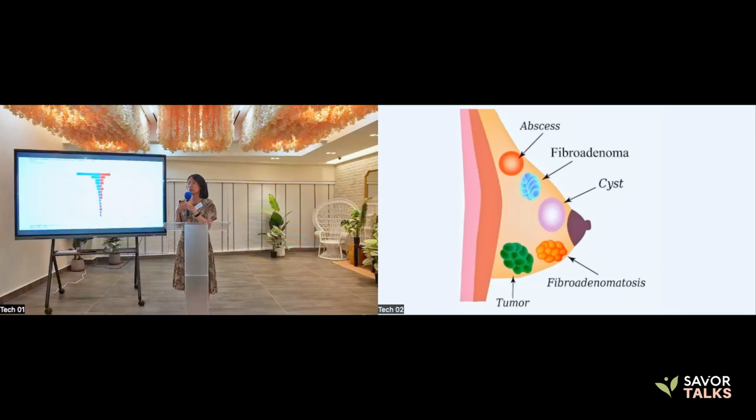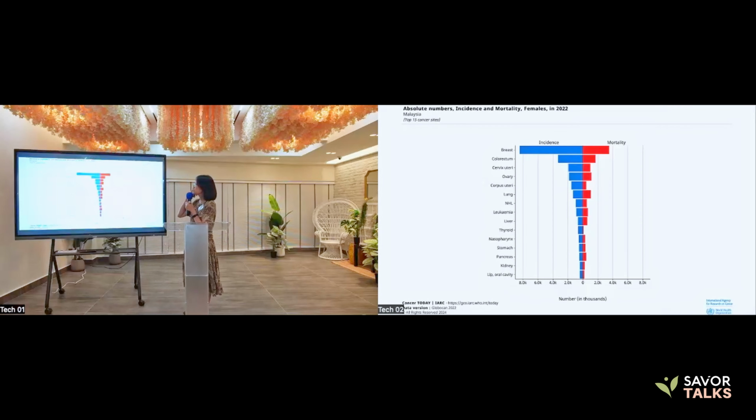So why do we want to measure our breast cancer? Because breast cancer has a very high incidence. We can see more than 8,000 people in 2020 in Malaysia had breast cancer. And the mortality is also high compared with other cancers.